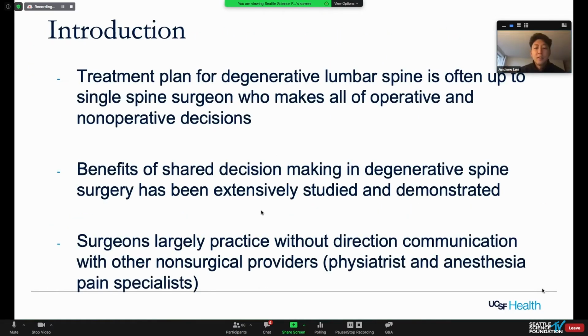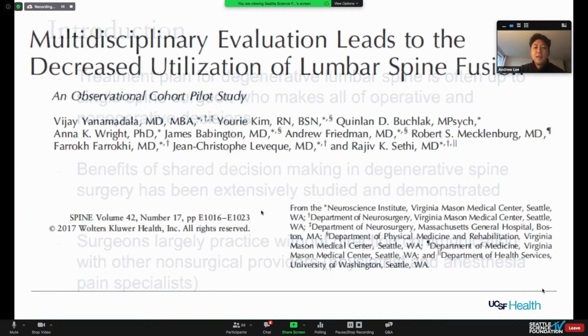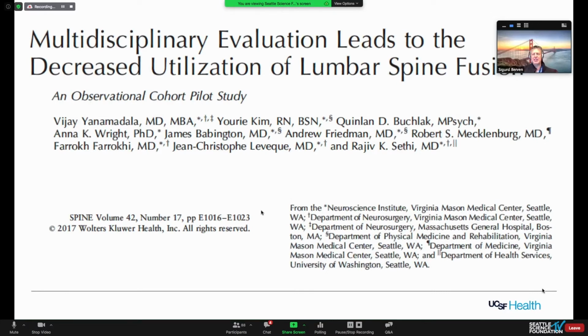Yes, sir. Multidisciplinary evaluation, maybe changing utilization of surgery rates for spine surgery. And just briefly, Andrew is one of our fellows who's going to be finishing this week or next week. Andrew's done a terrific job this year. He's going off to practice in the Central Valley of California, so he'll be local to us and a terrific resource in the years to come.